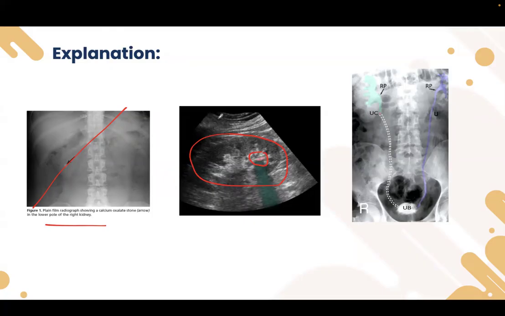Another scenario is if we have a child. Usually we don't like to expose children to X-rays, which is why we don't do CTs for them unless it's very indicated. And in this case, we would use an ultrasound.